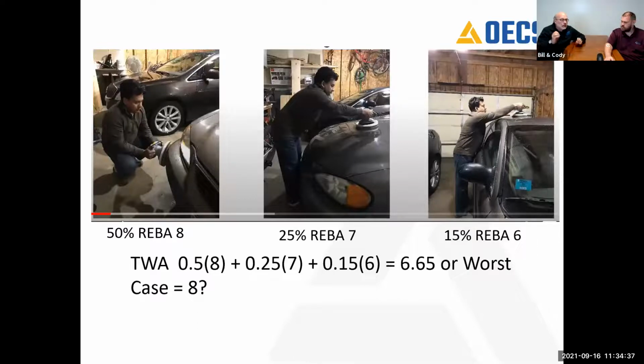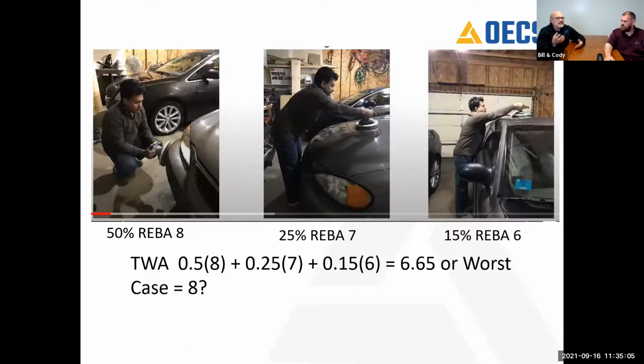Now we time weight average that: half of 8, plus 25% of 7, plus 15% of 6, and we get 6.65. I don't know if you recall, but that puts us in a different level than an 8 does. Yep.